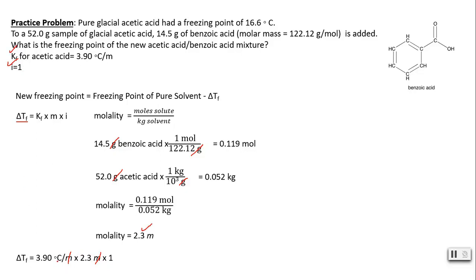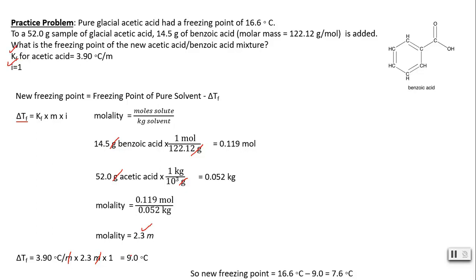I'm left with degrees Celsius, which is good because you would expect a change in temperature to be in degrees Celsius or some temperature scale. So doing that multiplication gives you 9.0. That is the amount that the freezing point is lowered from the original freezing point. So that's our delta Tf.